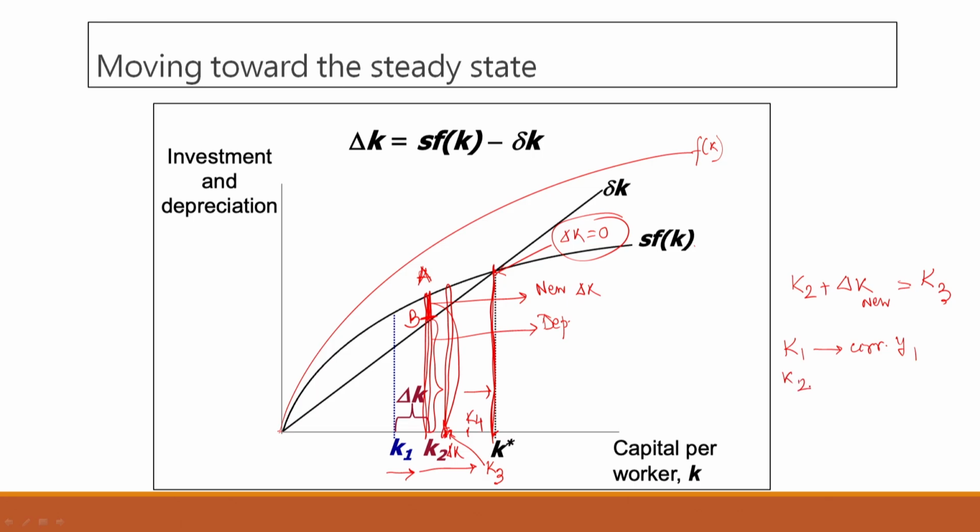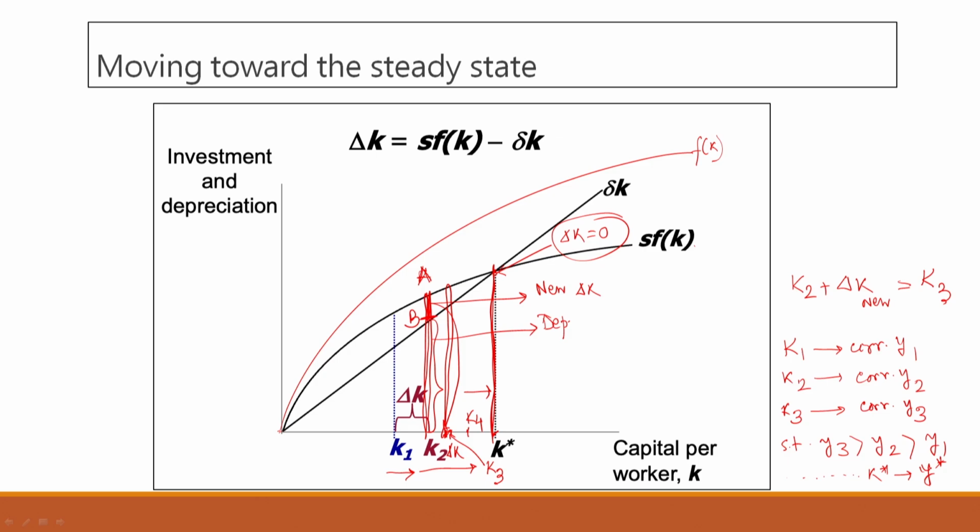For K2, there will be another corresponding Y2. For K3, there will be another corresponding Y3, such that Y3 is greater than Y2 is greater than Y1. Okay. And this process continues until one reaches K star, for which there is a corresponding Y star.